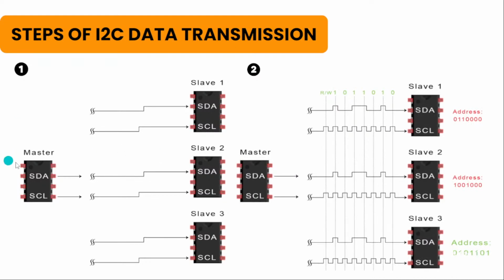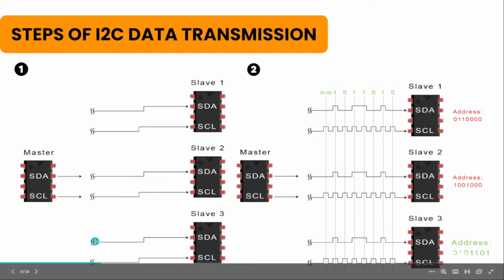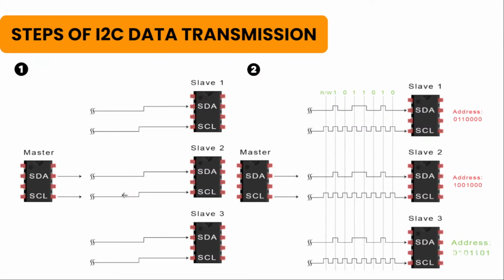First, the master sends the start condition to every connected slave just by switching the data line from high to low voltage level before switching the clock line.